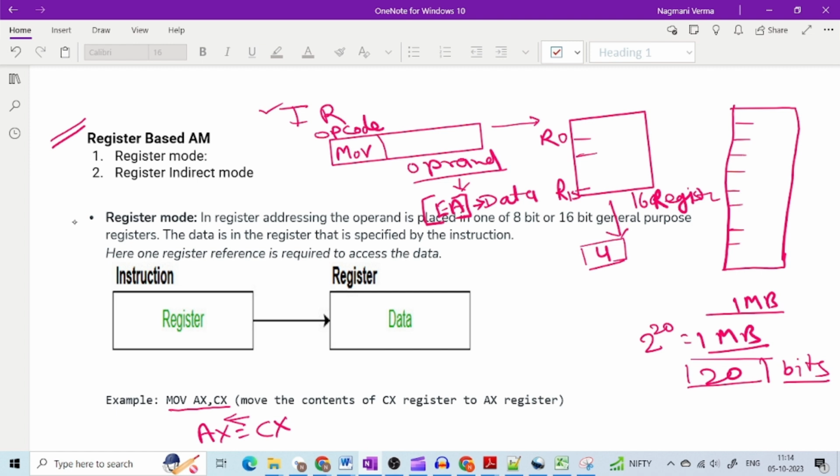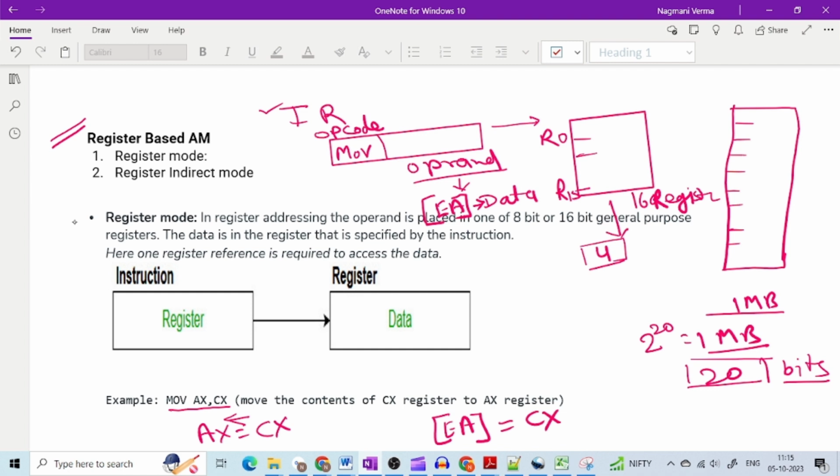We have to assign the value from CX to AX. What is CX? CX is a simple register. We have to find the content of the register, and that is the data. So here the effective address is our register CX. Whatever value is in CX, we simply copy into AX.